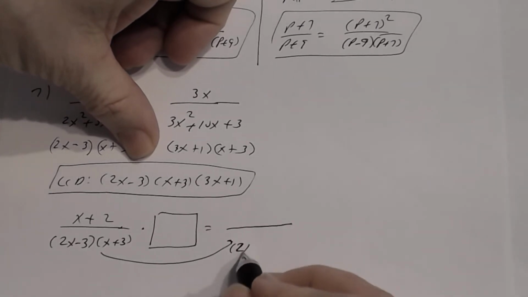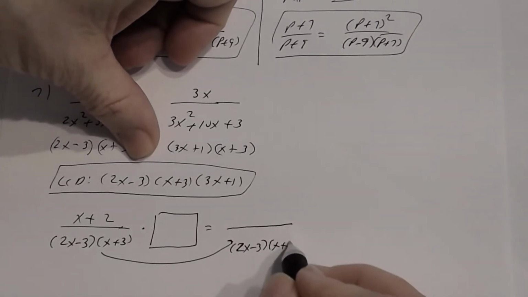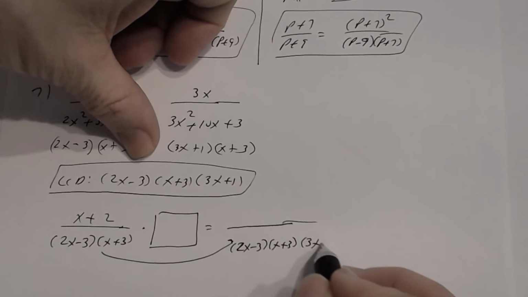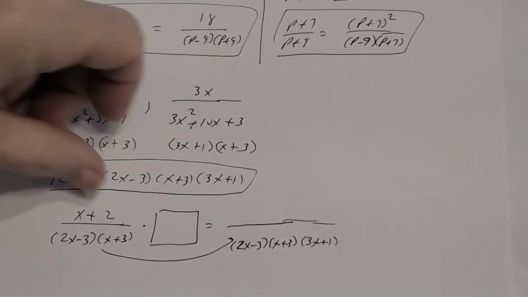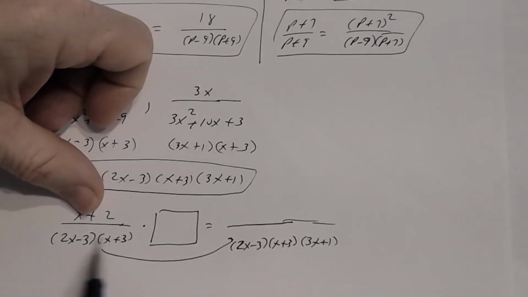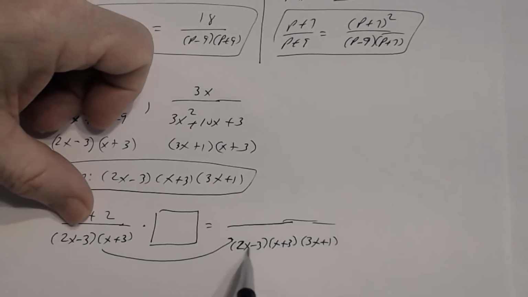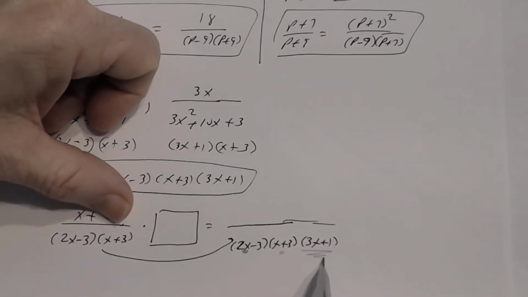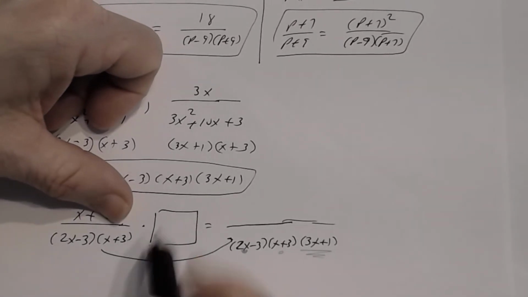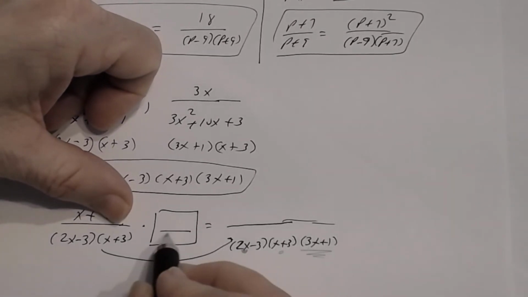So 2x minus 3 times x plus 3 times 3x plus 1. Okay? And so if you look at what you have, what do I need to multiply this denominator by to get this? So I have the 2x minus 3. I have the x plus 3, so I'm missing this one. So that's the one I'm missing. So I've got to multiply numerator and denominator by that.